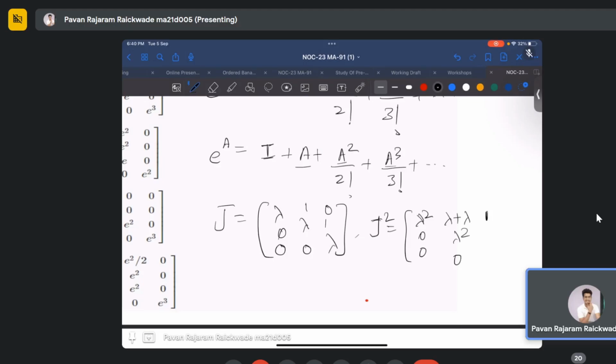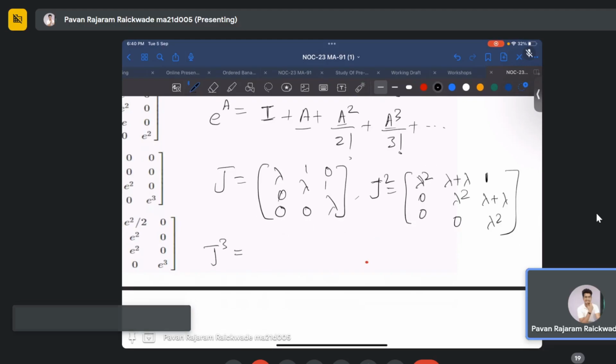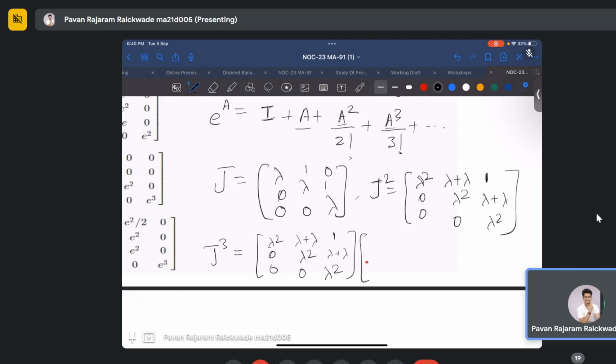Here I get lambda plus lambda. Then I get here lambda squared. Okay, this is lambda squared. What is J cube? I'll just write it. So this is lambda cube, lambda cube, lambda cube. Here now I have lambda squared.